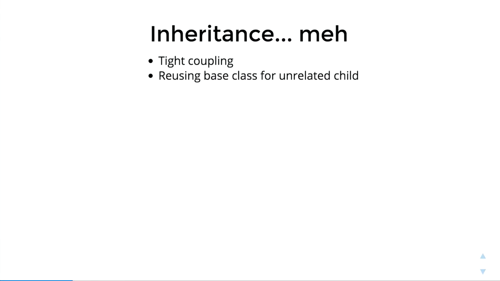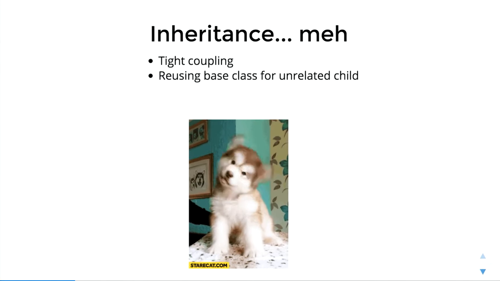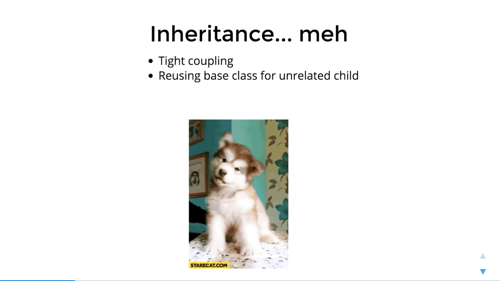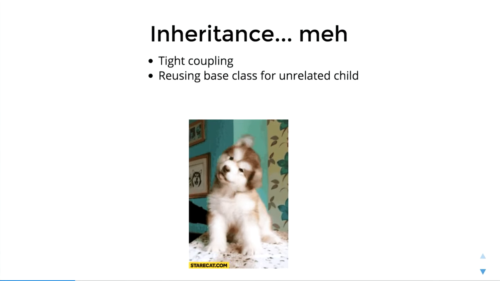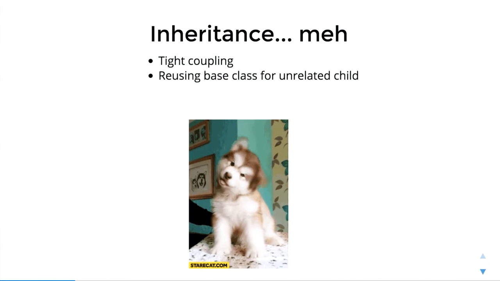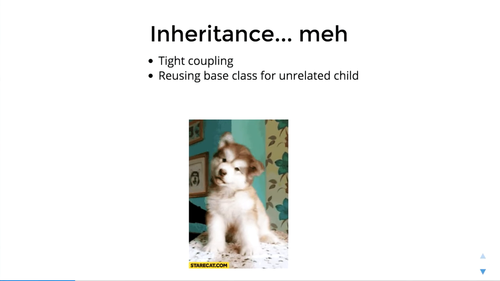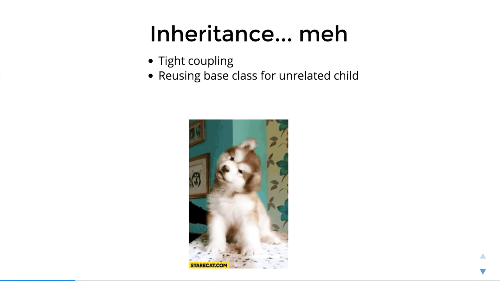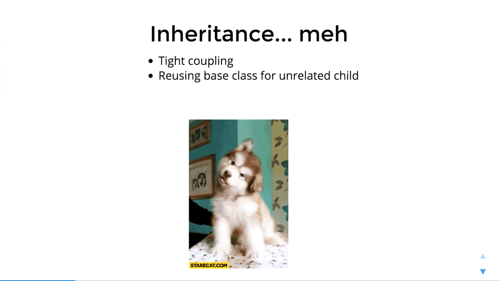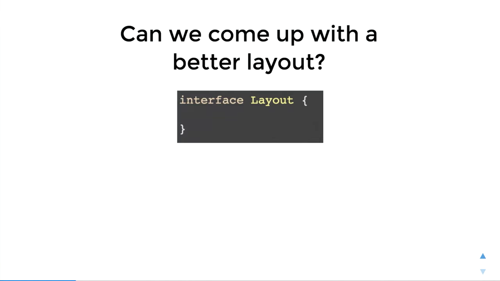Another issue is that very often people will extend the superclass just to gain access to those convenience methods. So if you have something that's not exactly related, but you want to perform certain methods and have access to certain properties inside that superclass, then you might just extend it without thinking about the consequences later on. So this is one way to solve it.